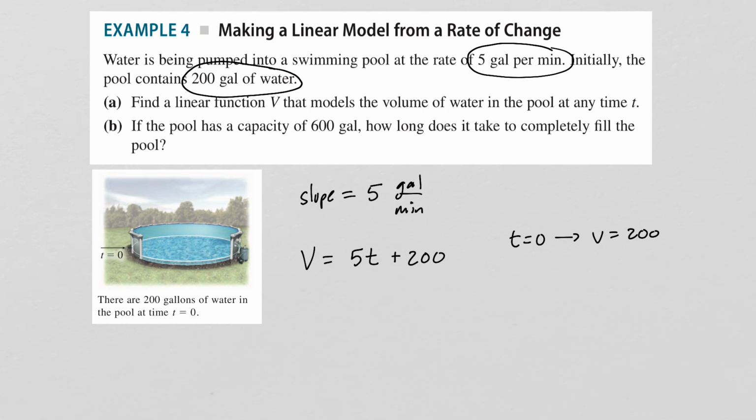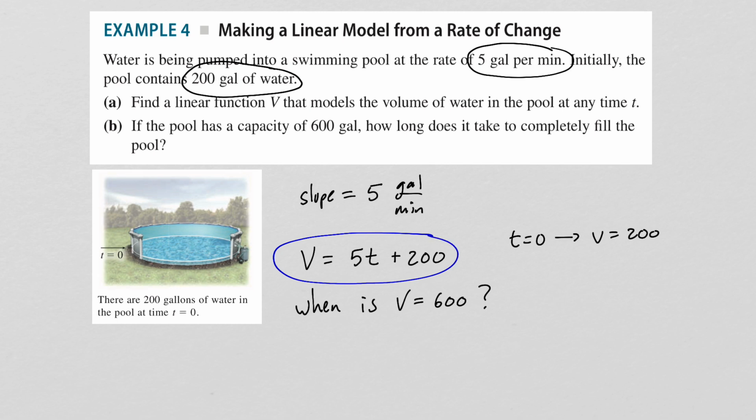Now for the second part, it says, if the pool has a capacity of 600 gallons, how long does it take to completely fill the pool? So for the second part, they're basically asking, when is the volume going to equal 600? Since I have my model here, all I need to do is plug 600 in for the volume.